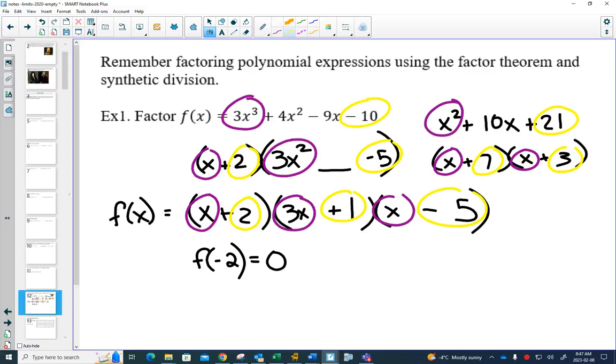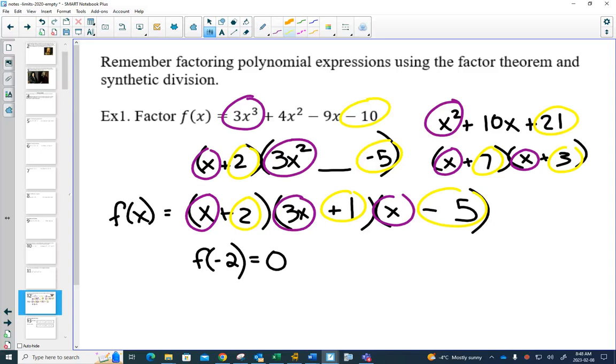The idea of the factor theorem, though, when you now know it as steps, you might forget why those steps are there. We need to find a number that when we plug into here makes this 0. And the number that could possibly work would have to be one of the factors.